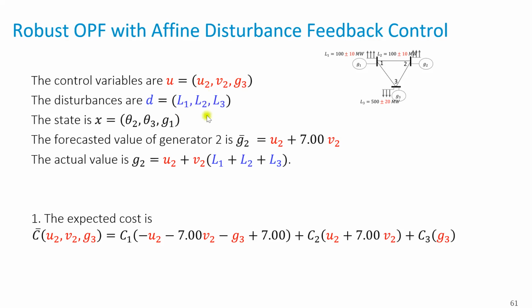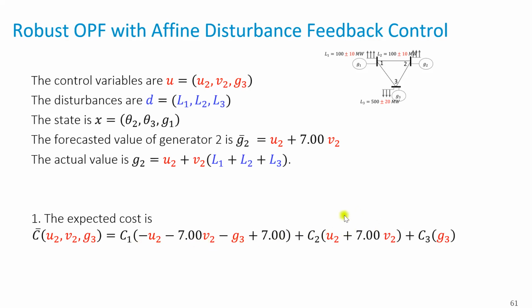I assume L1, L2, L3 are within bounds and have a mean value that is as before. Of course, the actual value will depend on the disturbance. We don't know the actual value here. If I want to apply the simplest of the frameworks we saw before, I will optimize the expected cost. So I will not optimize the worst case. I could easily do the worst case, but here I do the expected cost.